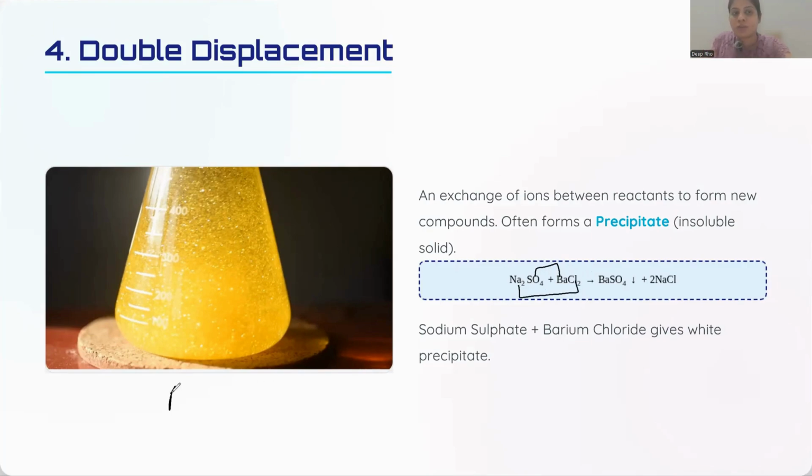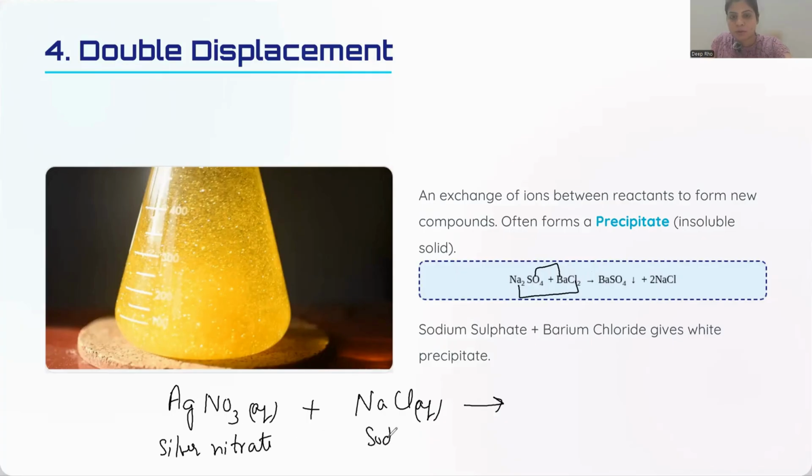So let's do one more example of this. Silver nitrate reacting with sodium chloride. There is an exchange of ions, that is why AgCl and NaNO3.